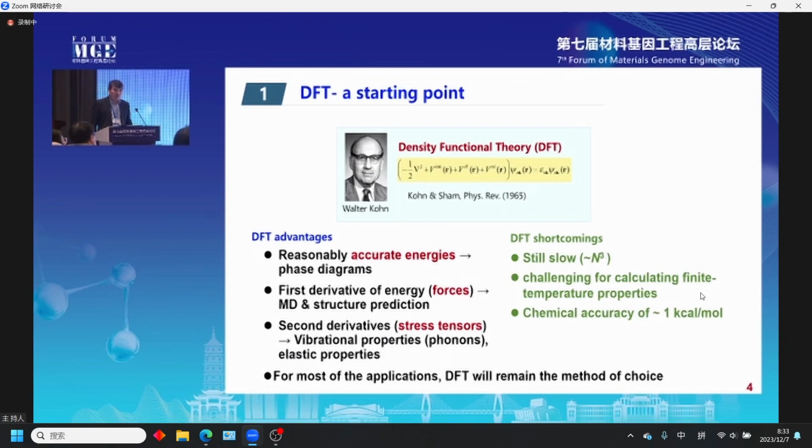Up to now, for most applications, DFT still remains the method of choice, but DFT also has some shortcomings. Up to today, it is still slow. Also, it's challenging for calculating finite temperature properties. The chemical accuracy that can be obtained is about 1 kcal per mole.